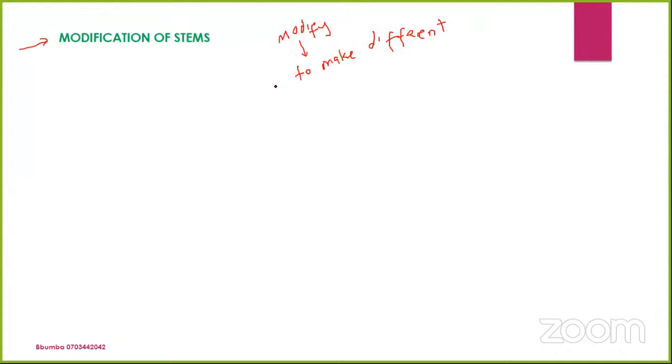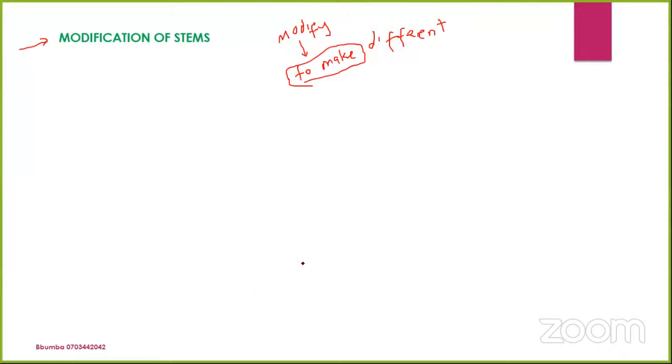A stem should have a node, it should be upright. But there are some that are modified, like they have grown in nature to become different from the general stems, from what we usually know a stem to be all about.